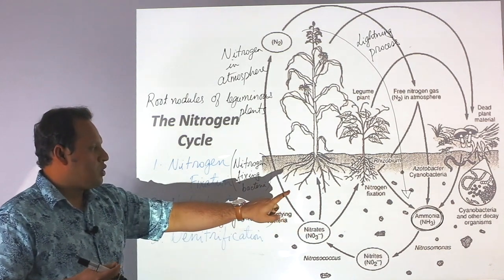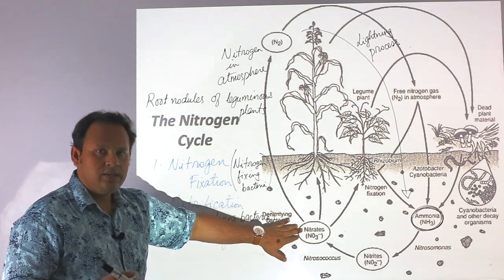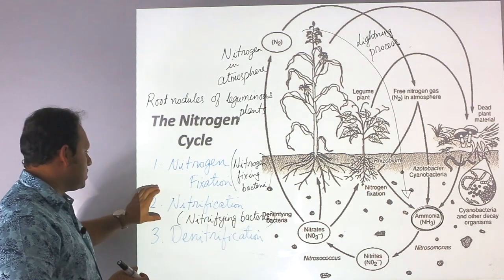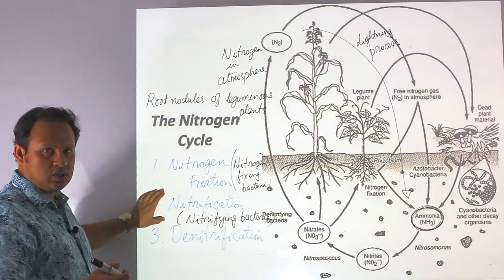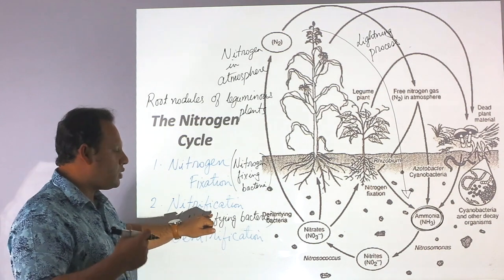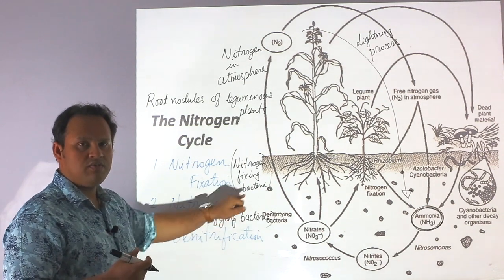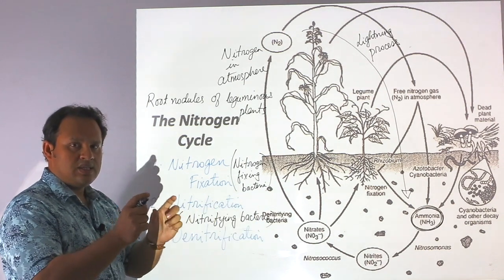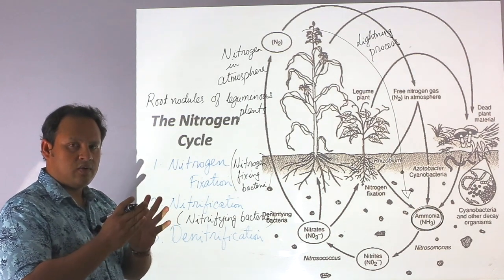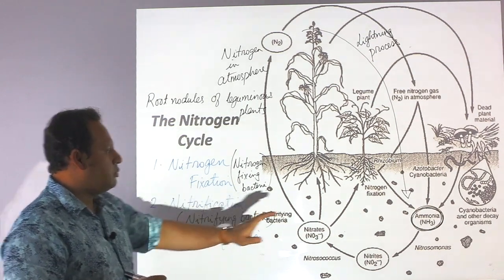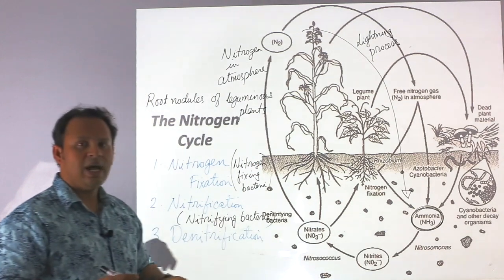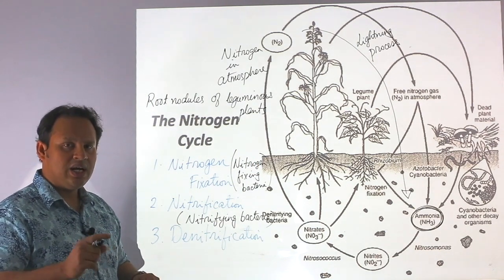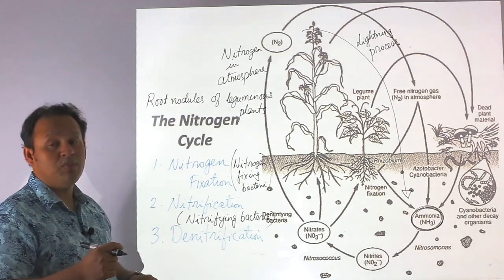So the conversion from ammonia to nitrate ions is called nitrification, and that is done by a group of bacteria called nitrifying bacteria. Now this happens in a series of steps. First, the ammonia is converted to nitrite ions, NO2 minus.